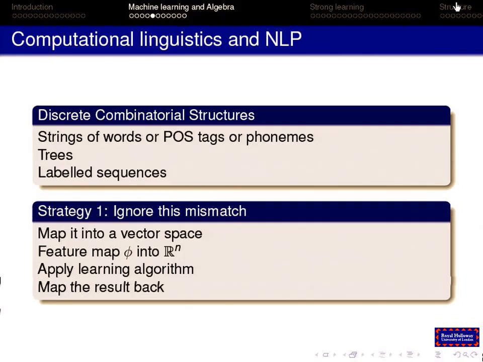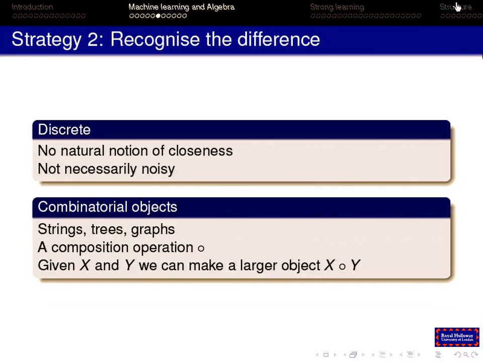But I'm going to try a different strategy, which is that we say, okay, well, we're not dealing with vector spaces here. We're dealing with discrete combinatorial structures. Maybe they're not necessarily noisy. And we have these strings, trees, and graphs, and we can combine them with some operation that takes two small objects and makes a bigger object.